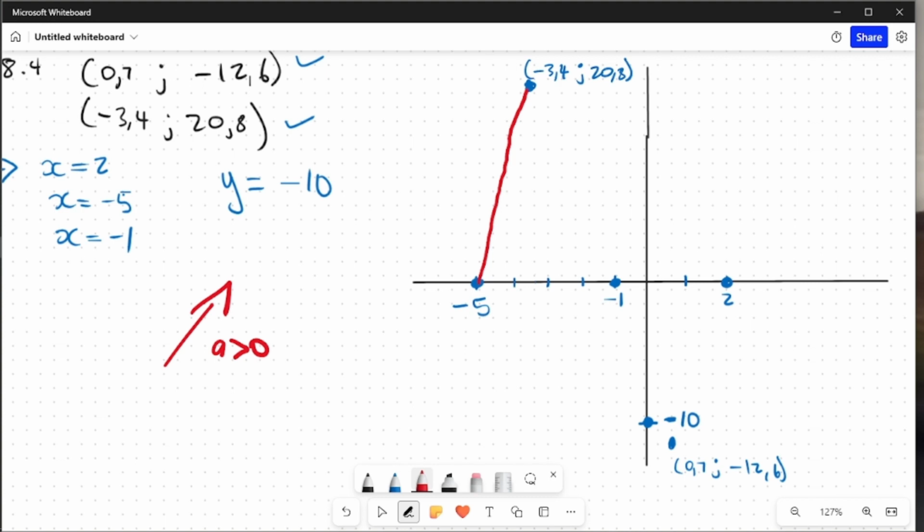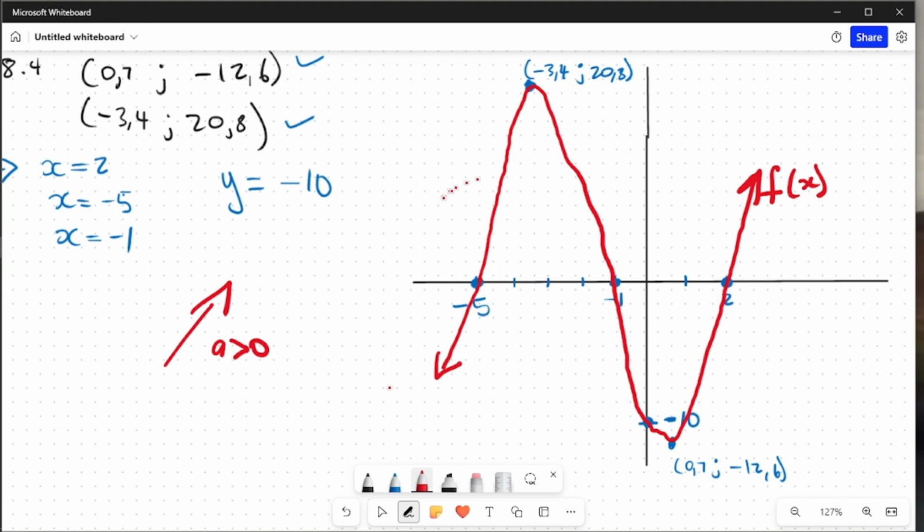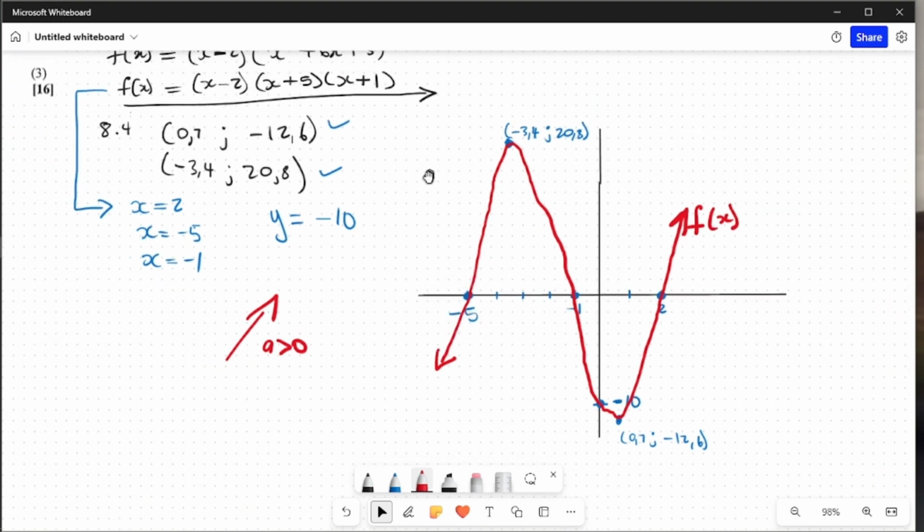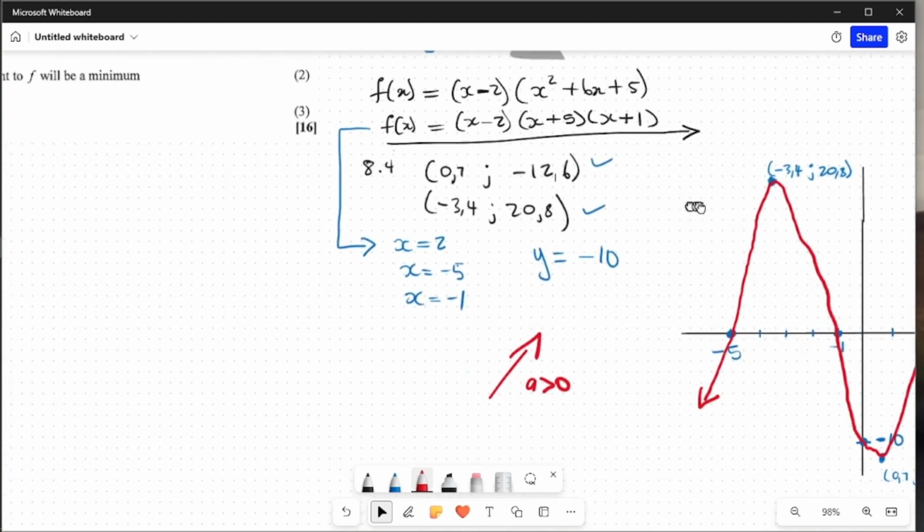Start by going up, turning point, back to the second x-intercept, to the y-intercept, to the turning point, then it goes up to the last x-intercept, and then I just try to elongate there. Now this is the graph of f of x. As you can see, I've shown every intercept and also I've shown the turning points. Then you get your marks.